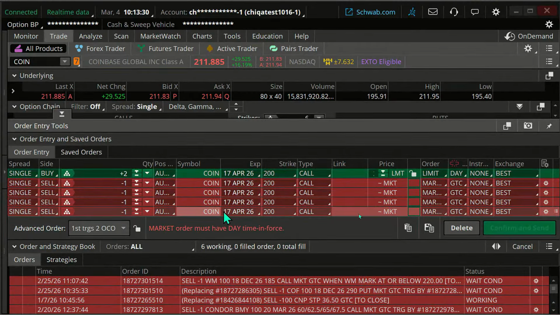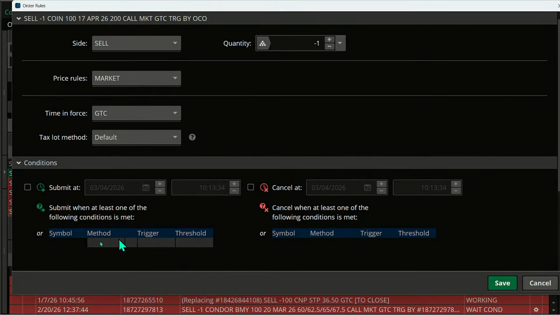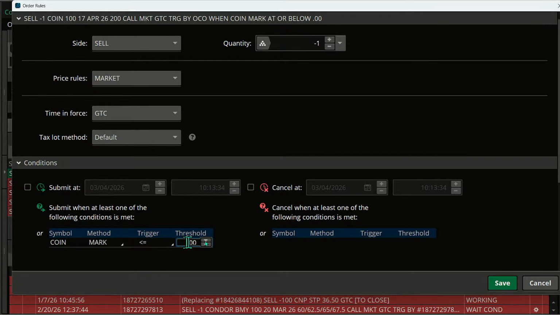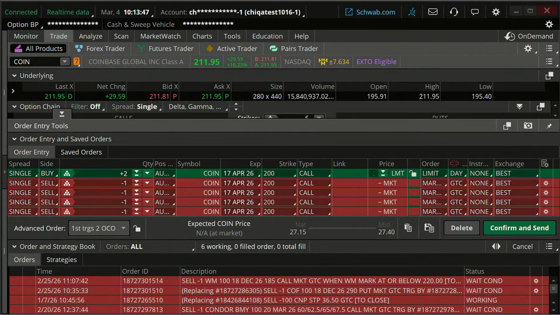And our second stop is going to be the same as the first one, which we said if we mark less than or equal to 190. Save that.